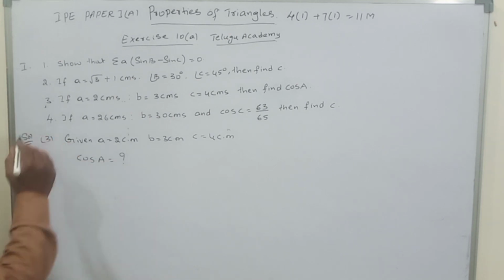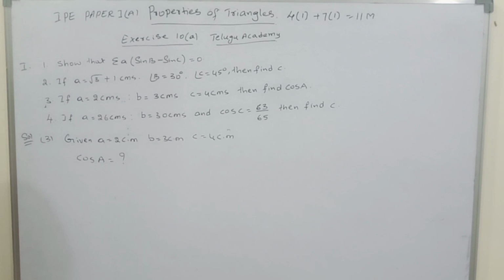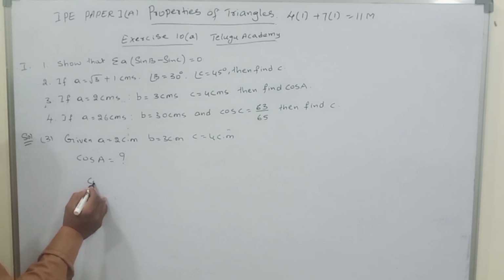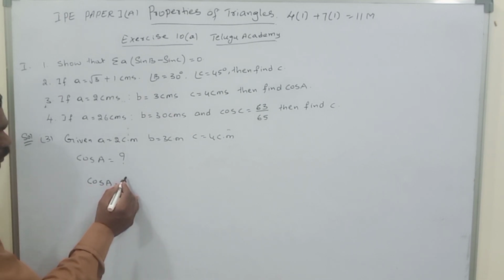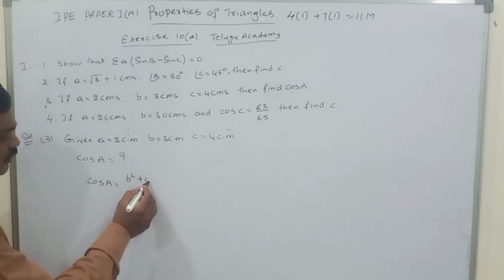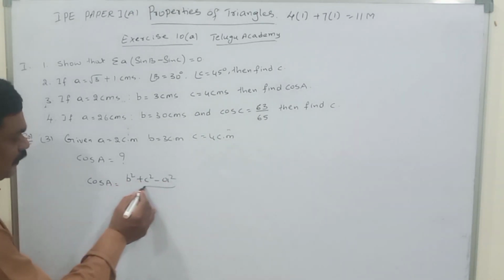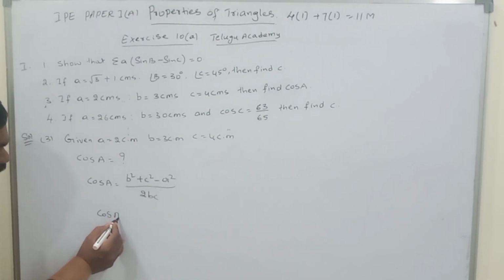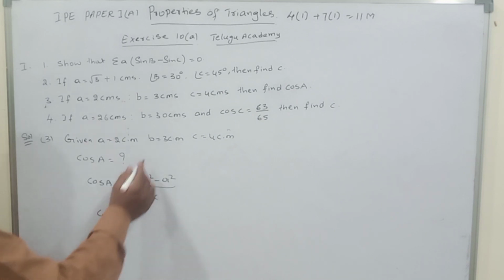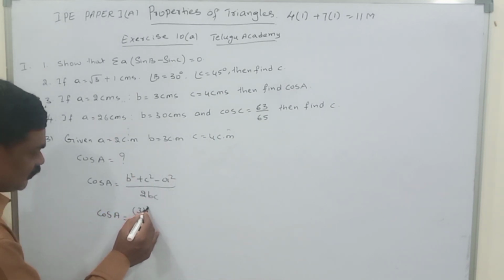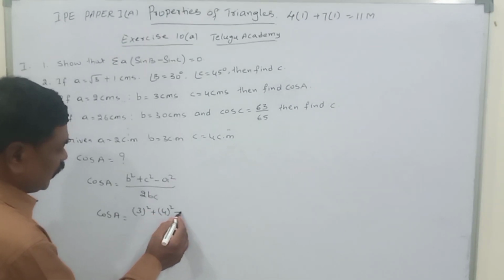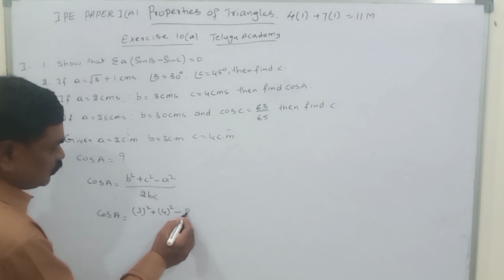Cos A is equal to how much? These are the given values. So we know the formula, the cos rule: cos A is equal to b square plus c square minus a square by 2bc. This is the application method. What is b here? b is 3 square. What is c here? This is 4 square. Minus, what is a here? 2 square.